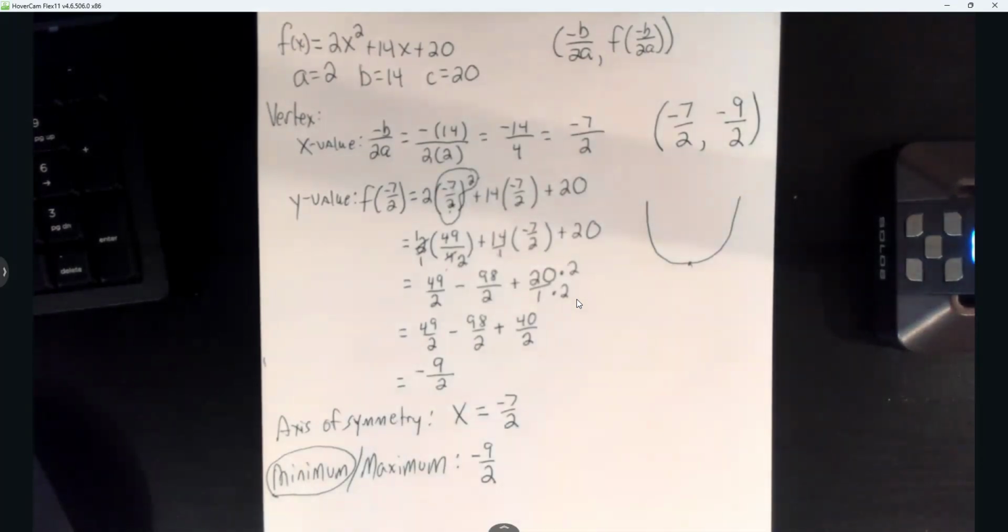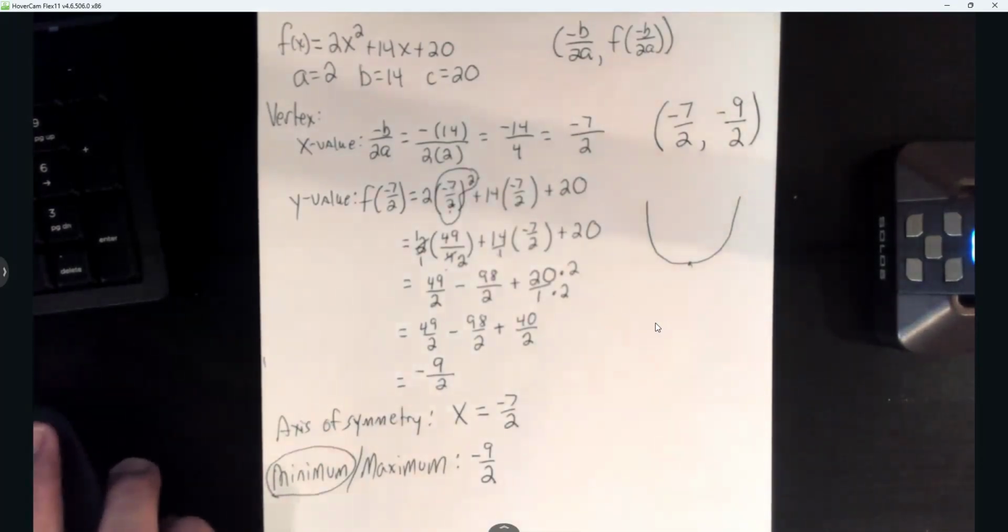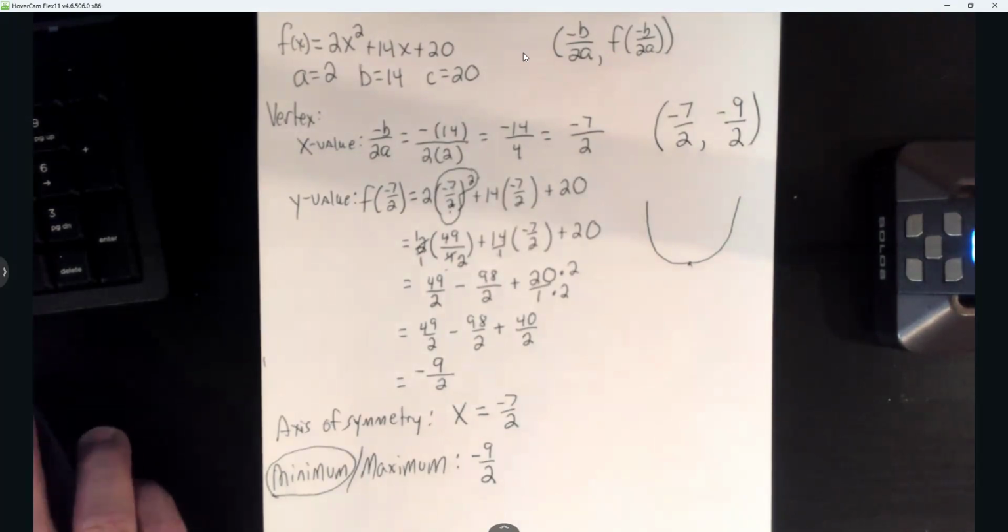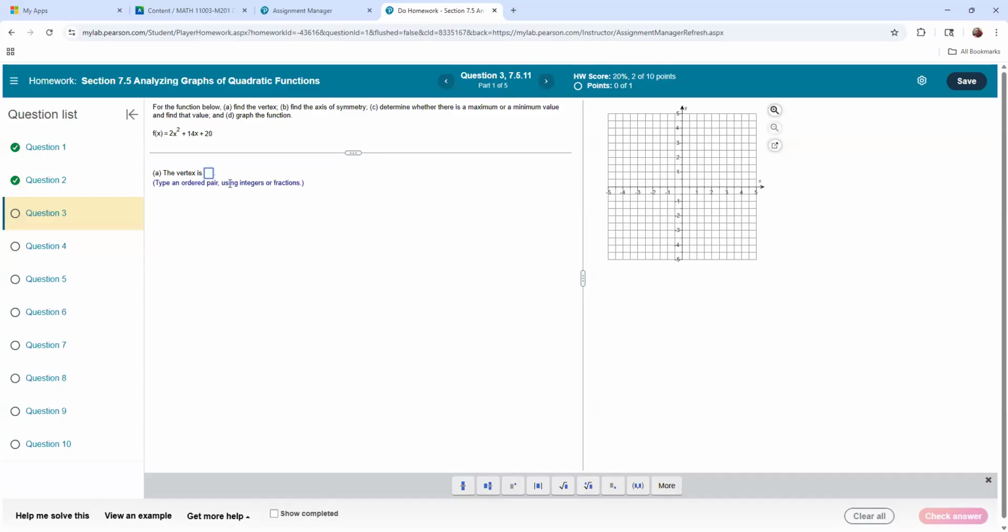At that point, they're going to want us to graph it. So y'all, let's go put this in and see what we have to do to graph this. All right, so first let me put in my vertex, which was what, negative 7 halves, comma, negative 9 halves.